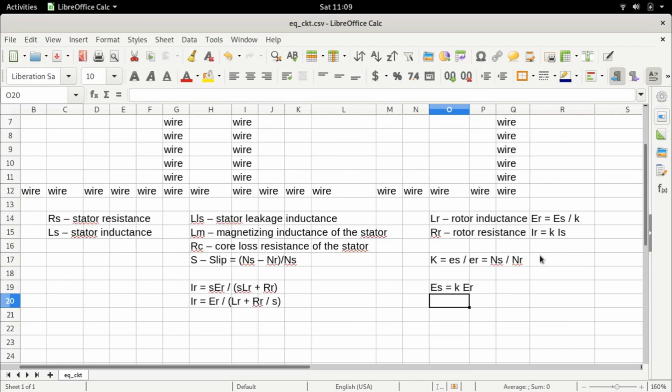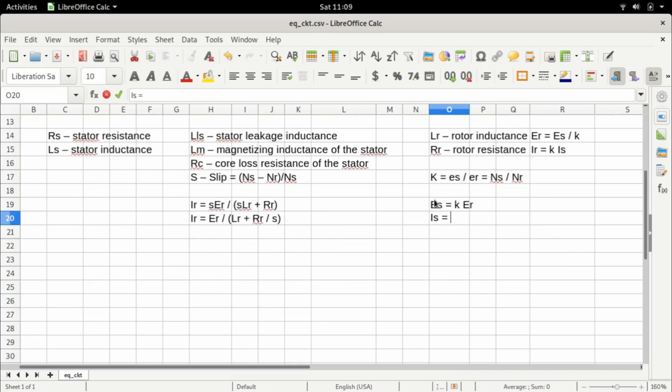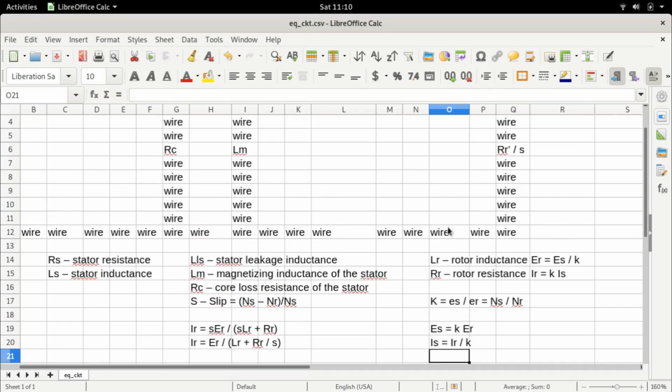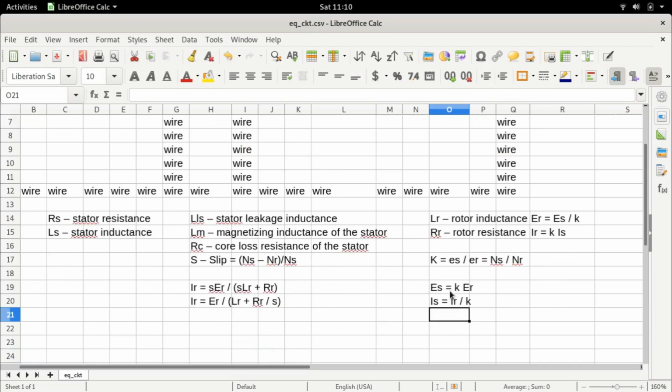Similarly, if there is a current in the rotor and we want to transfer this current to the stator, I would do exactly the opposite. I would divide the rotor current by K. This is just transferring. Now, when you transfer anything from the rotor to the stator, you do not replace the subscript by S. What we do is we just define it as ER dash.